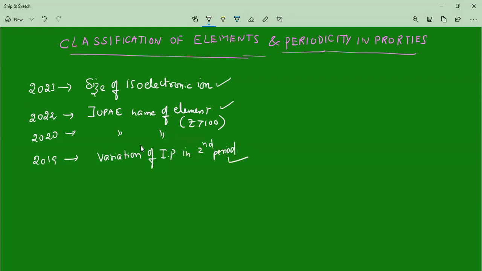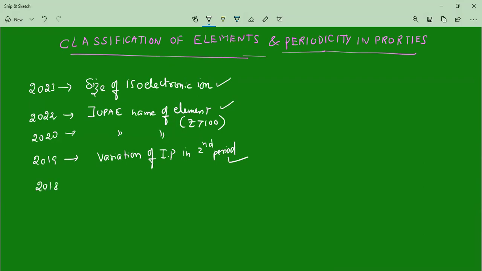So from this, what we understand is that they are definitely going to ask a question on the variation of the periodic property ionization potential across a period. In the second period they have asked. So we need to concentrate on this type of concept for the coming 2024 NEET exam.